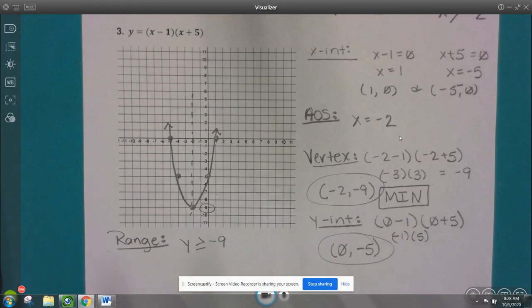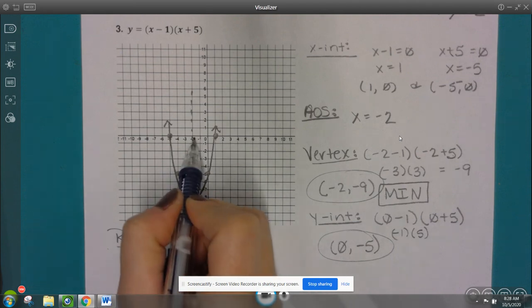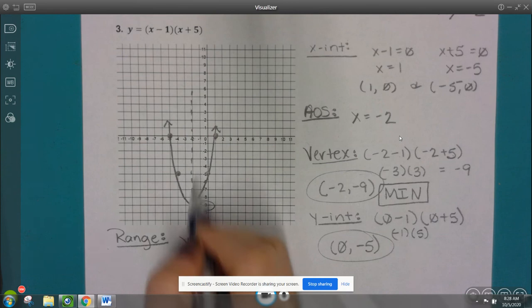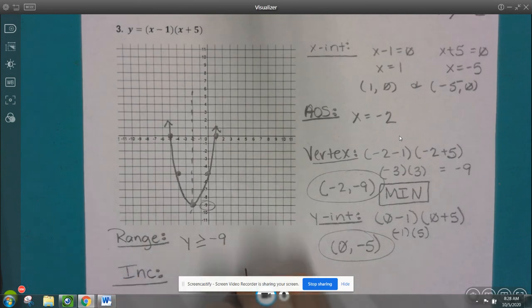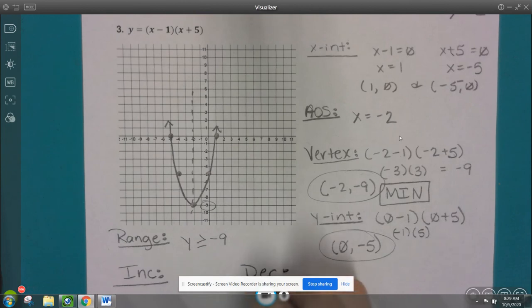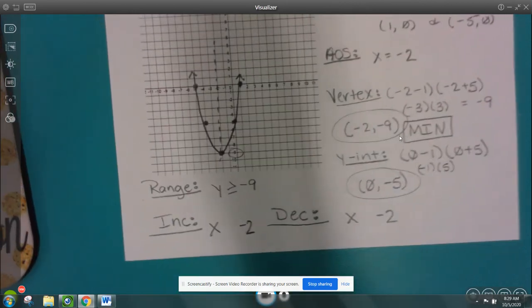So now if I look at increasing and decreasing, we're dealing with that x value of -2 from my axis of symmetry. So these are both still dealing with -2. Oops, I just realized you can't see what I'm doing.